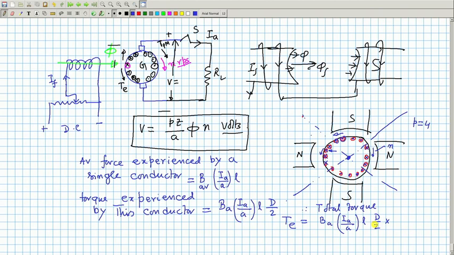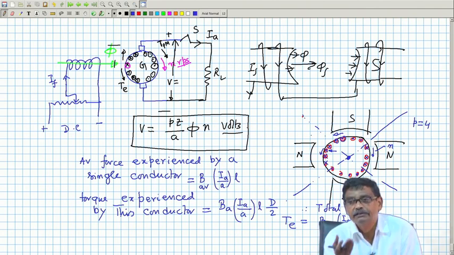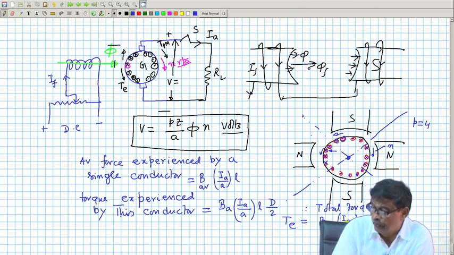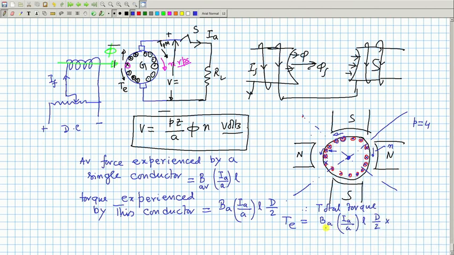Unlike the EMF calculations, where there were several parallel paths, Z by A each, and to calculate EMF you have to consider only one parallel path between the brushes, good enough. So, Z by A conductors there, but in this case all the conductors, each one of them carrying a current of I_A by A, contribute torque in the same direction.